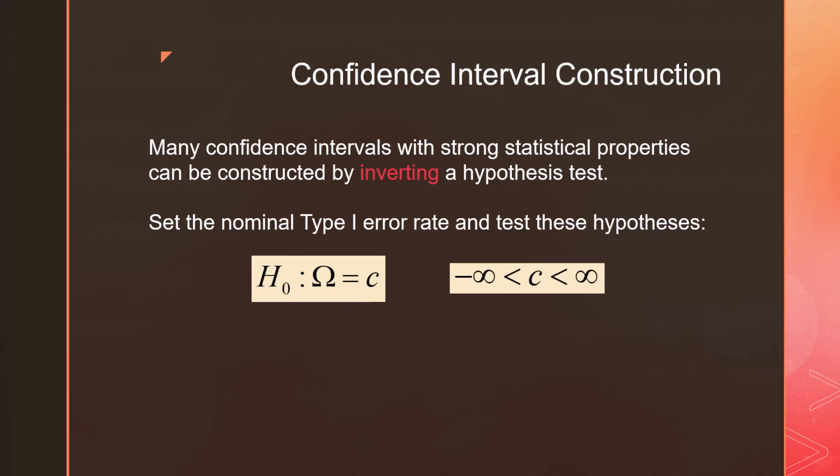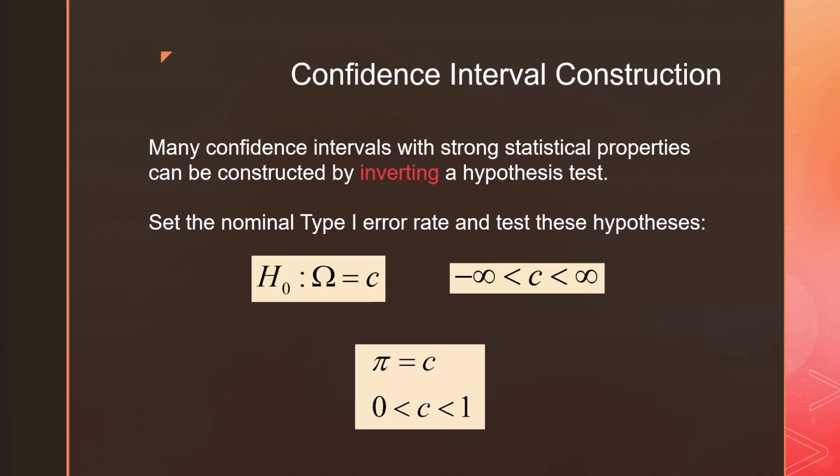This provides a general range, but sometimes, such as in the current context, we know that c is only possible in a more restricted range. We're dealing with proportions here, so that range can only be from 0 to 1.